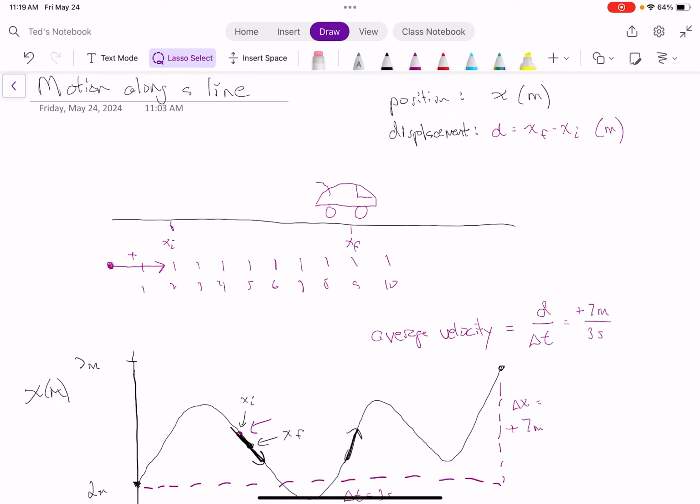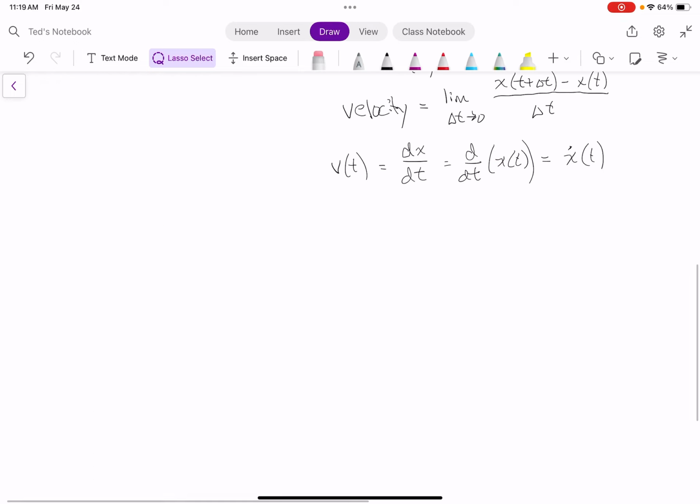So if it's speeding up or slowing down, then the acceleration is not 0, and average acceleration is defined as the final velocity minus the initial velocity divided by the change in time. So like velocity tells us how quickly the position is changing, acceleration tells us how quickly the velocity is changing.